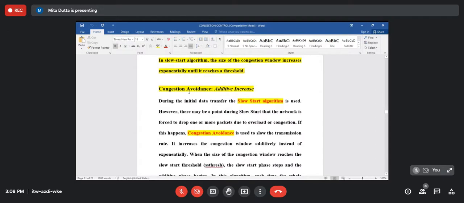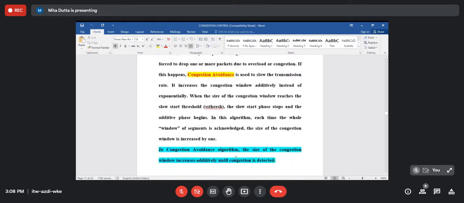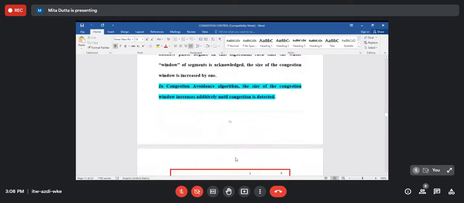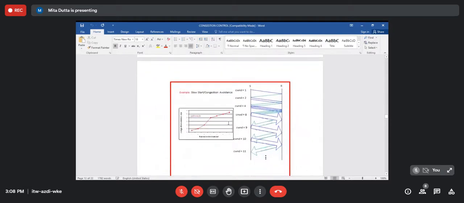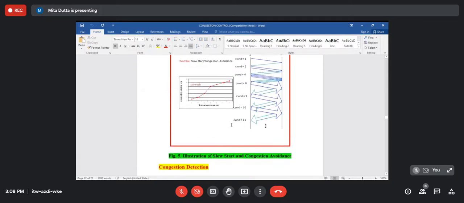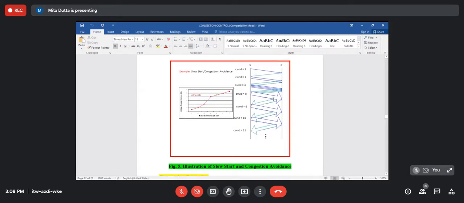Now, congestion avoidance in the slow start algorithm has been shown here, how we achieve congestion avoidance by additive increase. This shows the slow start mechanism together with congestion avoidance.